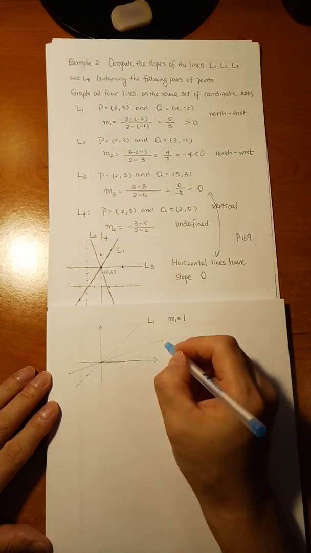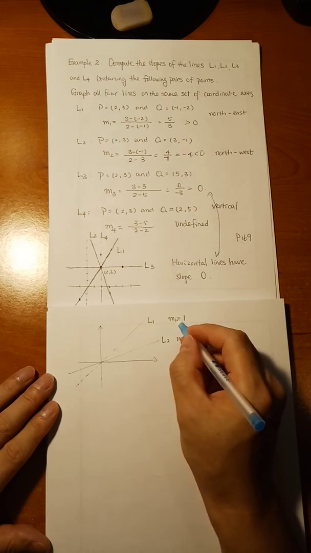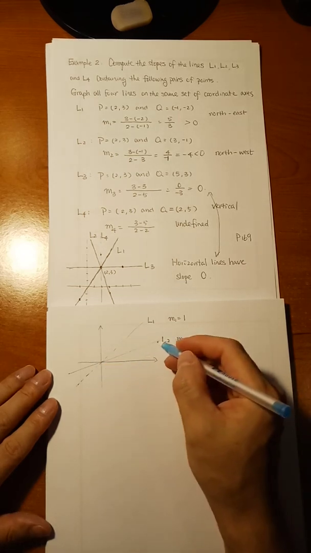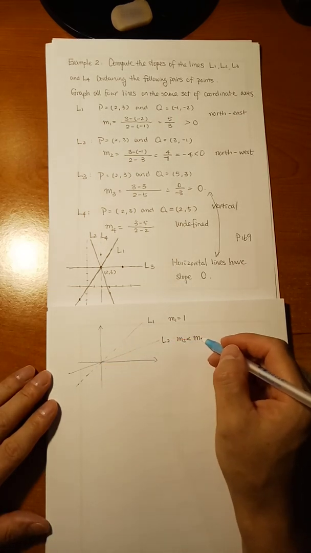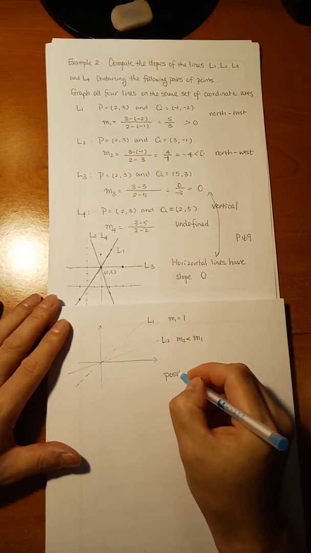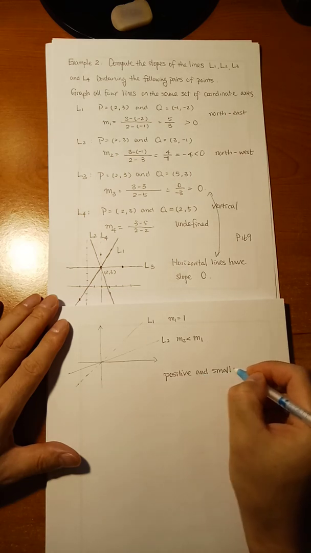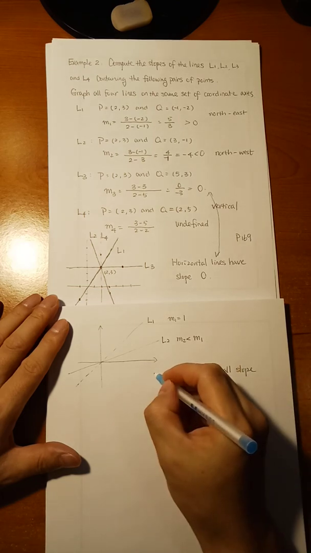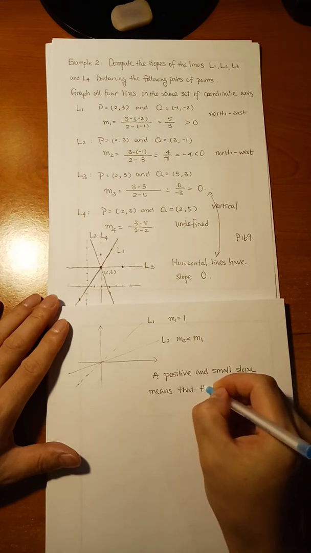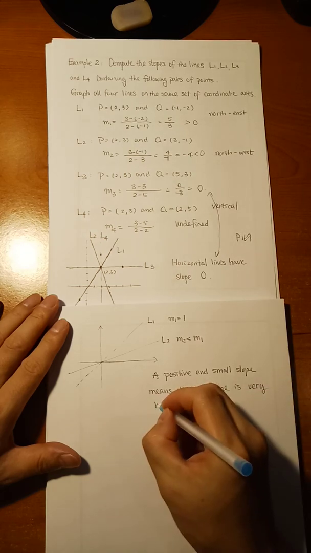And if you have an even more flat, more horizontal line through the origin, for example this is L2, then the slope will be less than 1. It's less than M1. I don't give the precise value, but it is going to be less than M1. So a positive and small slope means that the line is very horizontal.